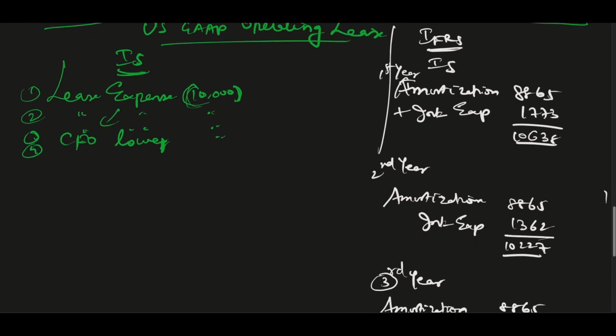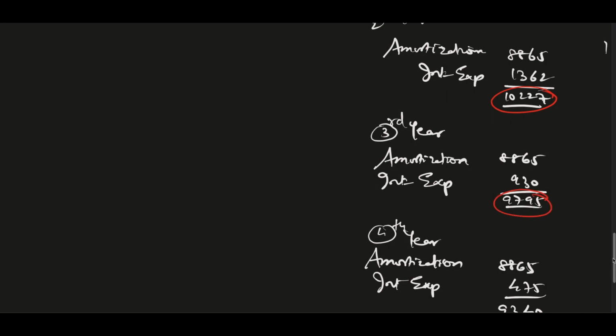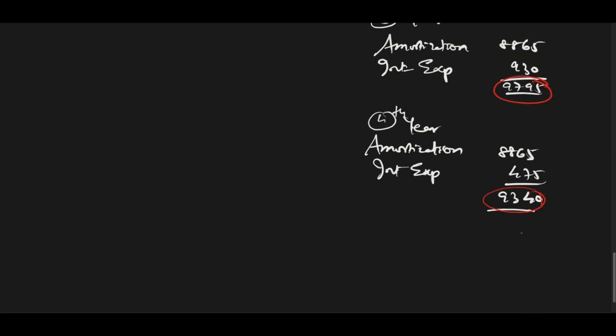Why am I writing all these things? Because we can draw some conclusions. If I add up 10,638, 10,227, 9795 and 9340, all this will come to 40,000.